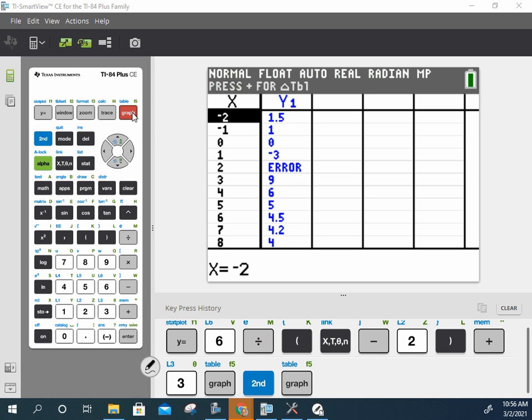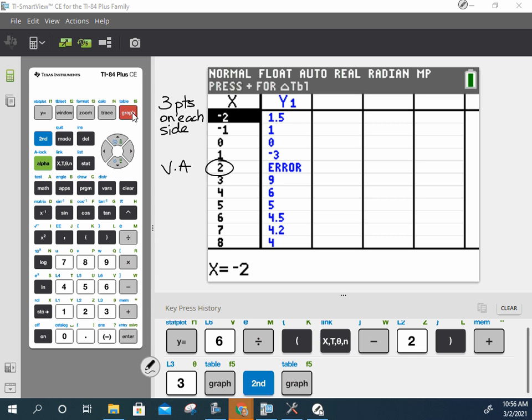In terms of how many points you pick, 3 on each side. So 2, that's your vertical asymptote. So 3 points on each side. Which ones you pick, whatever you want.